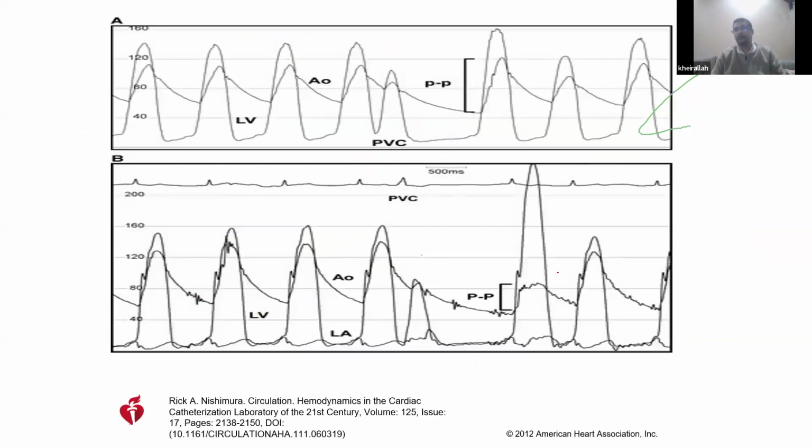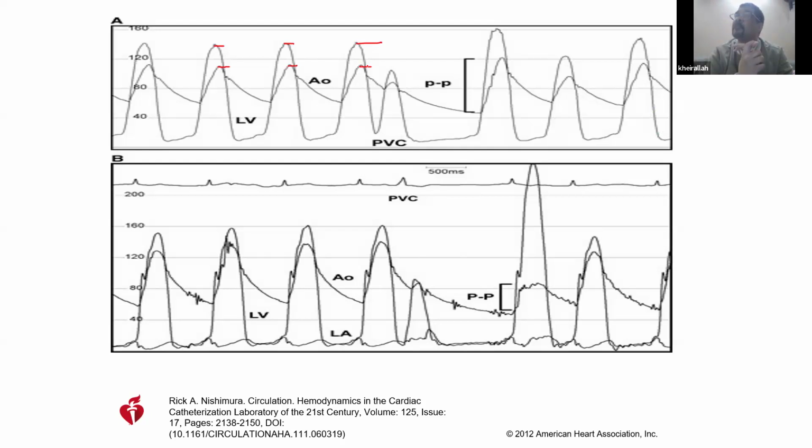Now look here. This is a very important signal, extremely important. So what we see here is a gradient between the LV and aorta. This gradient might mean aortic stenosis.